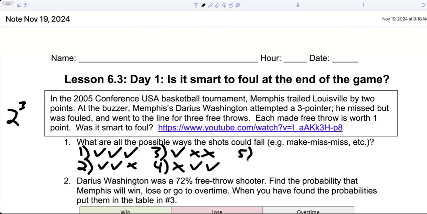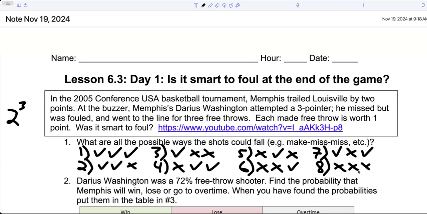And then 5, I had miss, make, miss. And then 6, I had miss, miss, make. 7 was make, miss, miss. And then number 8, what was number 8? He missed all of them. Miss, miss, miss.